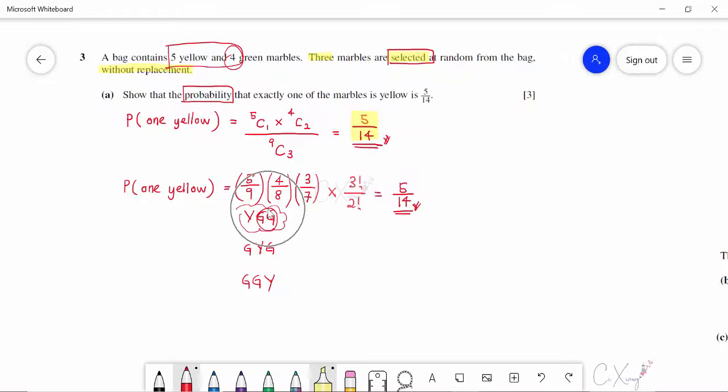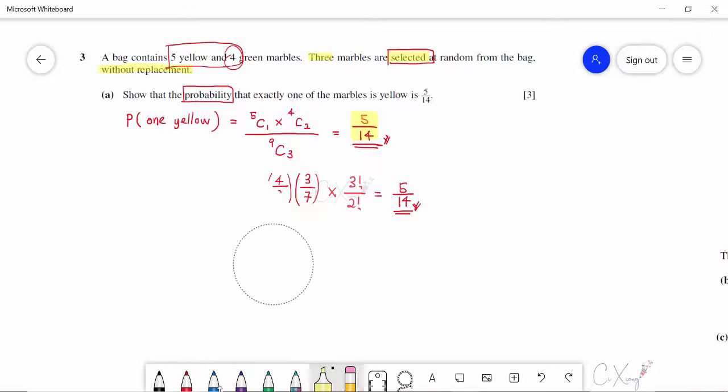If you want to use the probability method straight away, besides listing out the probability, you need to consider the permutation for the possible cases as well. So to me, this combination method will be more straightforward because you don't need to consider the permutation part. All right, so for the remaining steps for this question, I will focus on this combination.